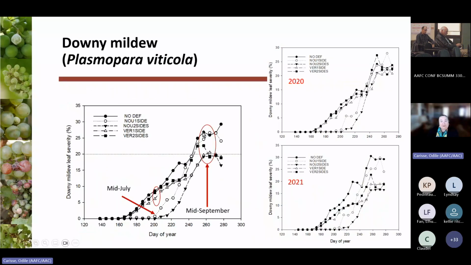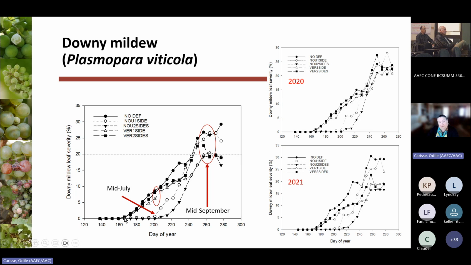If we look at downy mildew, here I showed the disease progress curve, and you have the different treatments. And what you can see is, if you look at the squares and the triangles, basically leaf removal delayed disease quite a bit, almost by a month.